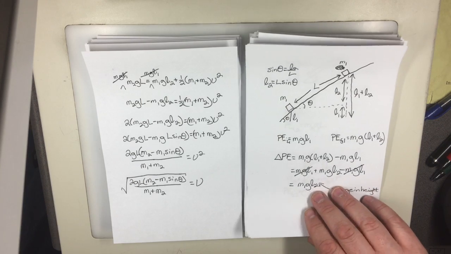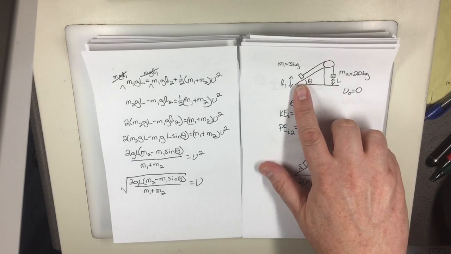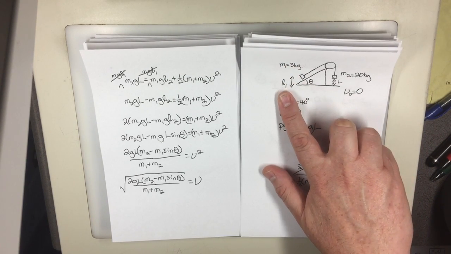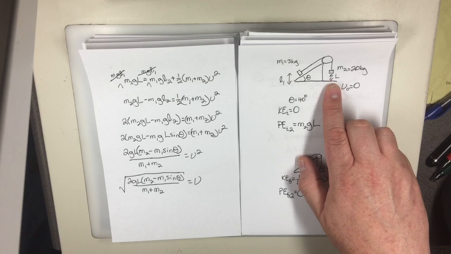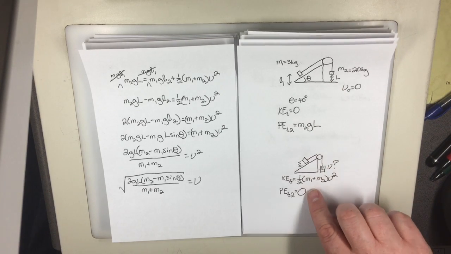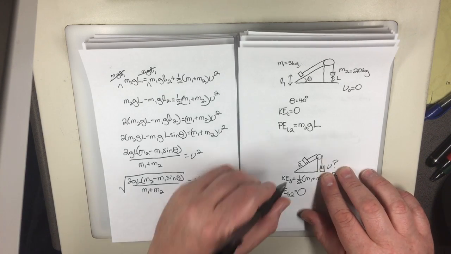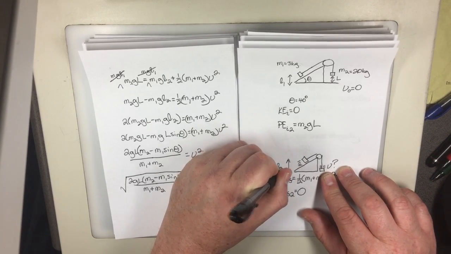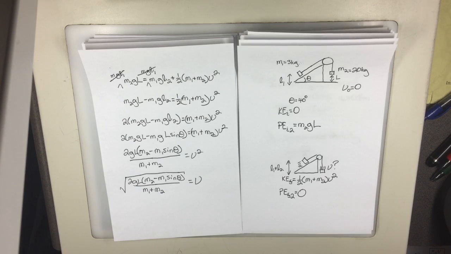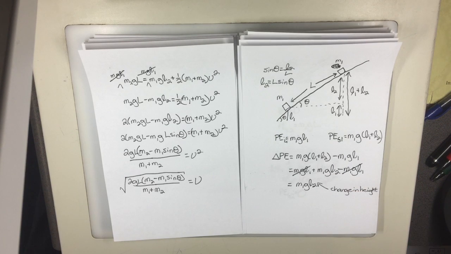So the first thing you had to do was identify the energy states. The initial energy state, M1 was at a height L1. We didn't know that. M2 was at a height L. We do know that. At the end, this is moving at velocity V, and this height here was now L1 plus L2. We then had to sit and figure out that the change in potential energy is what we really needed to know.